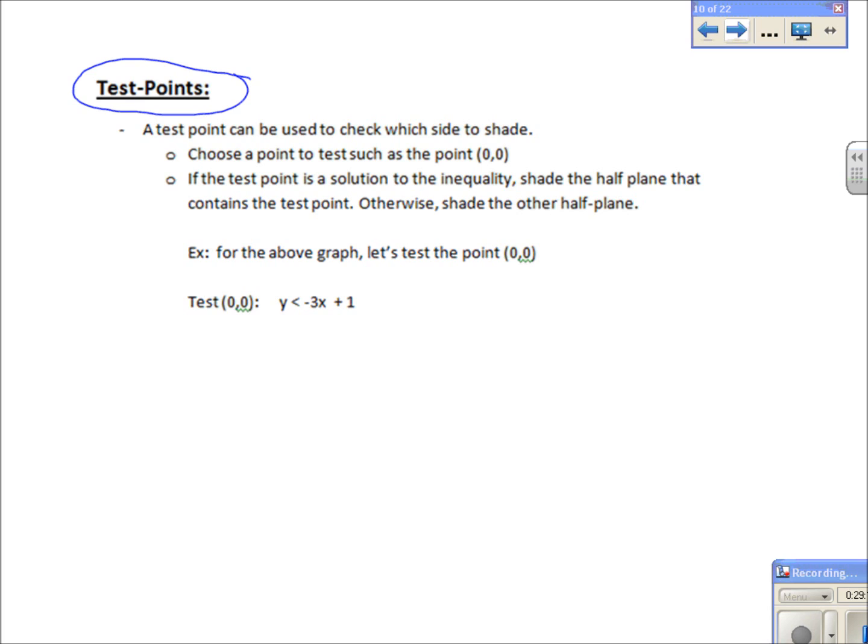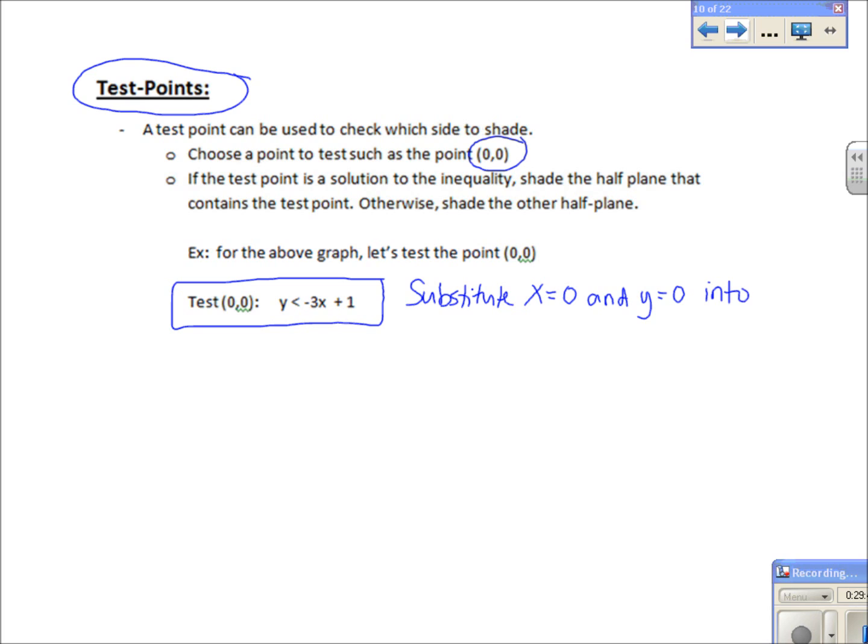The best point to choose, the easiest one to choose, is the origin, the point 0, 0. You're going to take 0, 0 and substitute it into your linear inequality. So when I say test 0, 0, we're going to substitute x equals 0 and y equals 0 into the linear inequality.